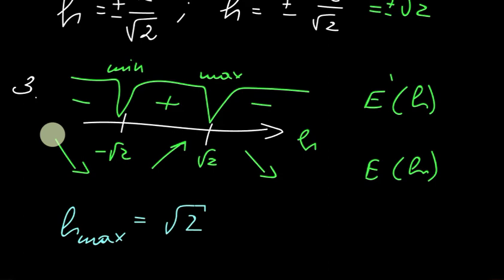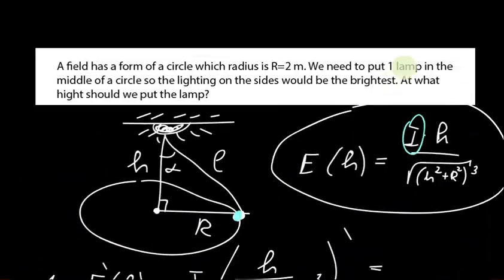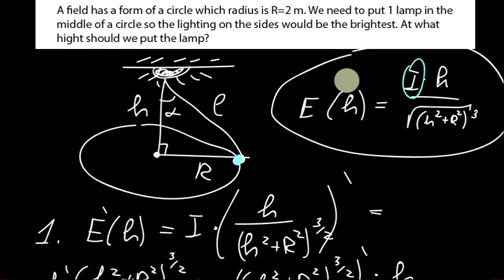I completely understand that this example was a bit harder. It's taken from a physics Olympiad. It's not that hard to be considered an Olympiad-level exercise, but you need to get this equation, this function. I wouldn't say it's very hard to get, but you have to know some physics for that.